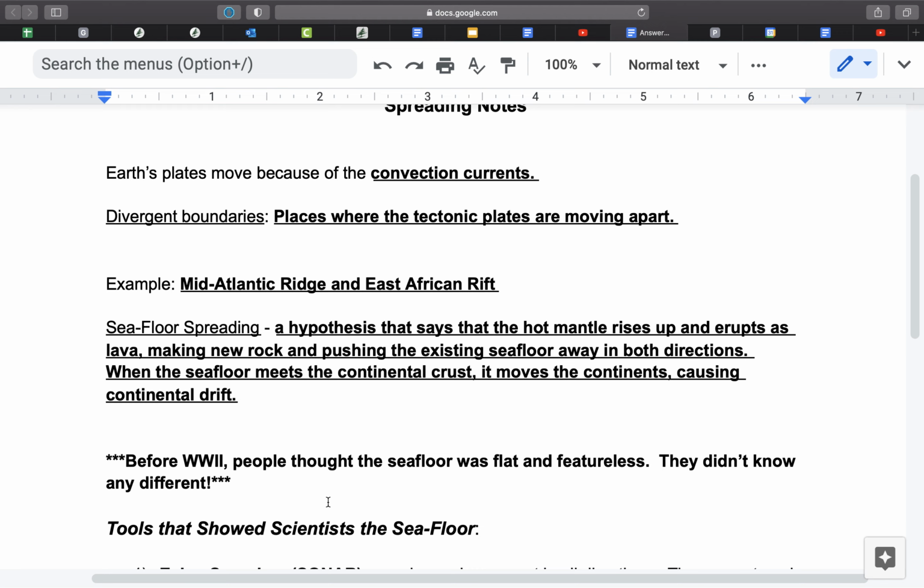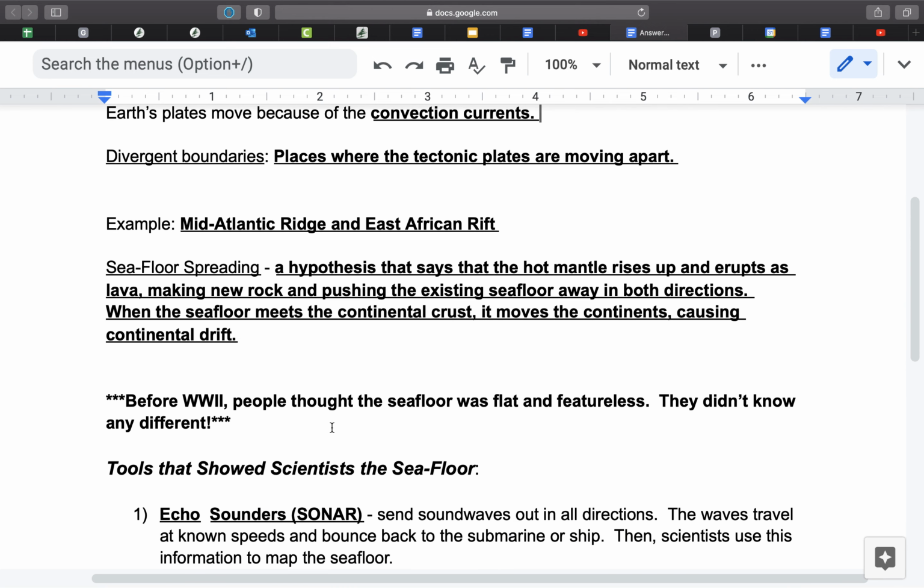Before World War II, most people thought that the seafloor was pretty featureless, kind of like a large, flat, barren desert. And they really didn't have a whole lot of information to the contrary. Basically, the way that people used to map out the seafloor was by driving around, and they would drop a weighted rope down to the bottom.